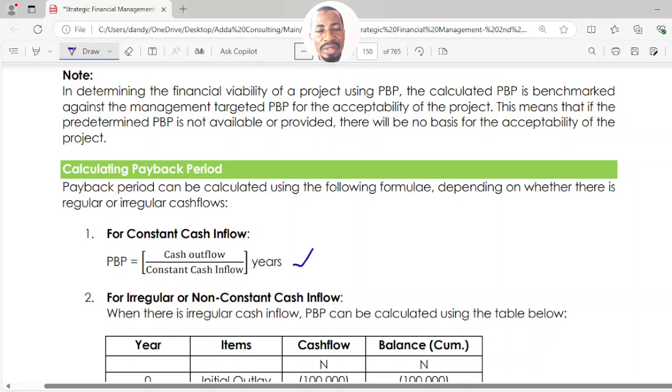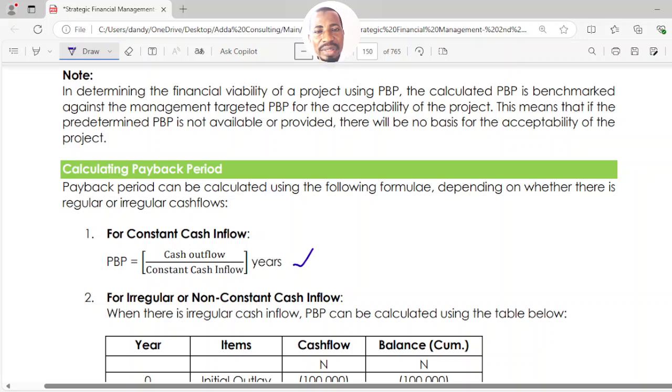What do I mean by constant cash inflow? Say for example, a project has a useful life of 5 years, and you are told that the project will generate annual cash inflows of 50,000 naira for the next 5 years.